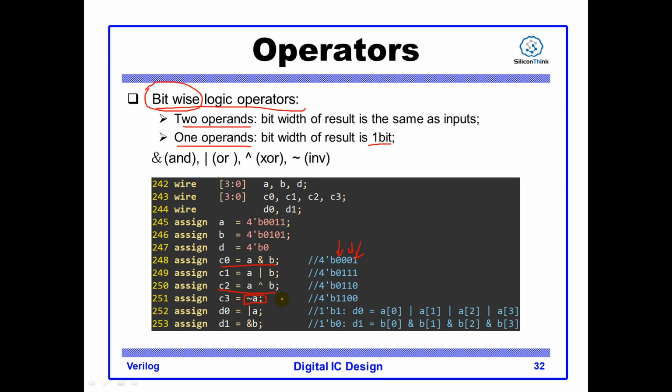The result of the inverter operation is bitwise: the result has the same width as the input. Okay, just invert every bit of it.